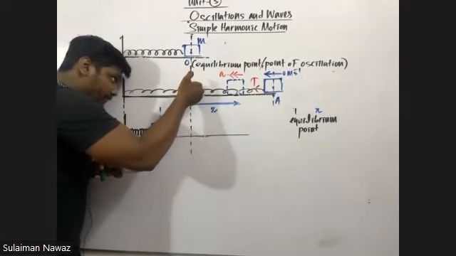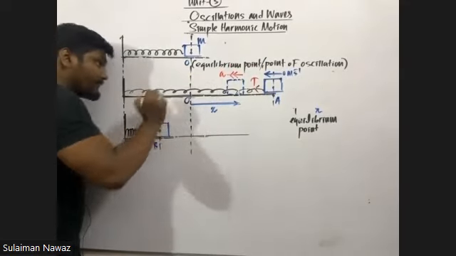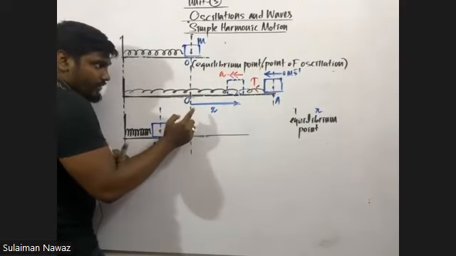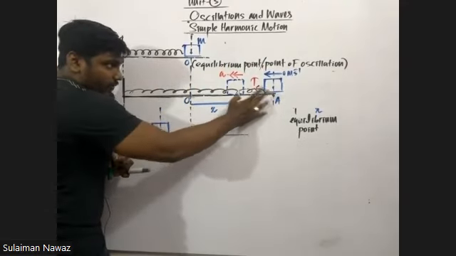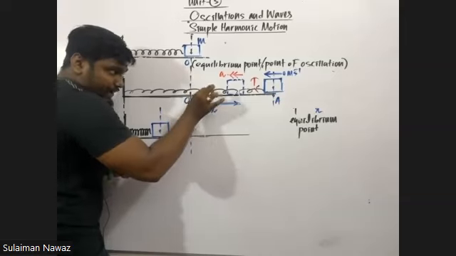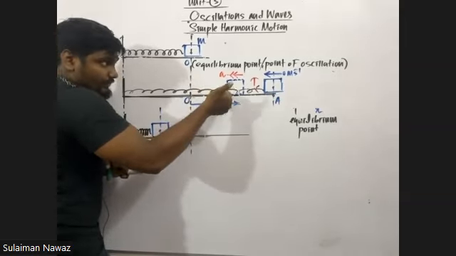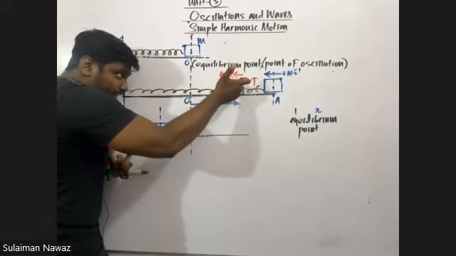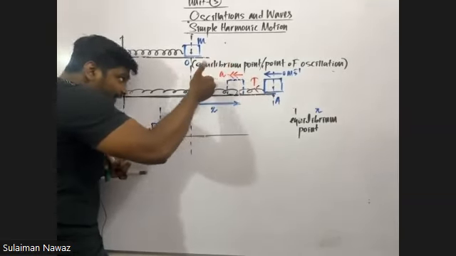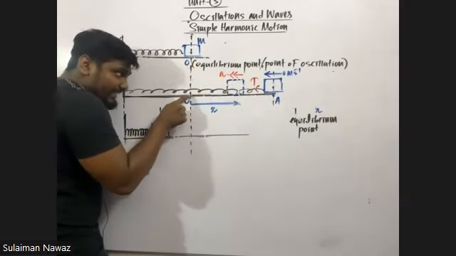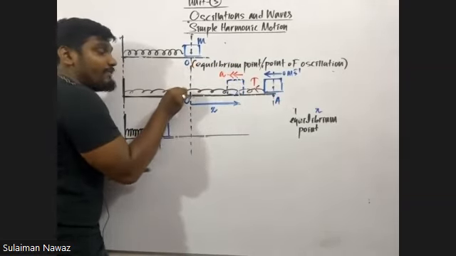The moment this object passes the equilibrium point, you can understand this spring starts to compress, right? From capital A to capital O, the spring was under extension. As this object moves to the left side direction, at the moment this object reaches the equilibrium point, there is no tension force on the spring.